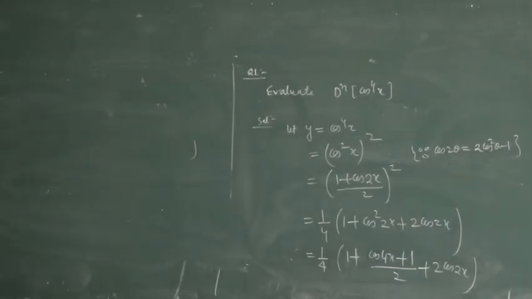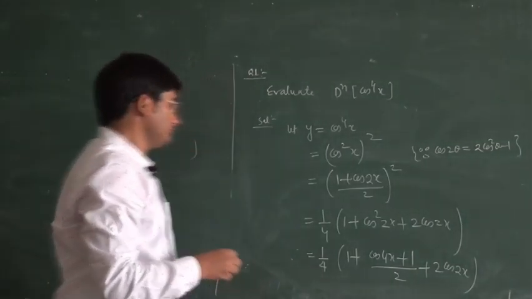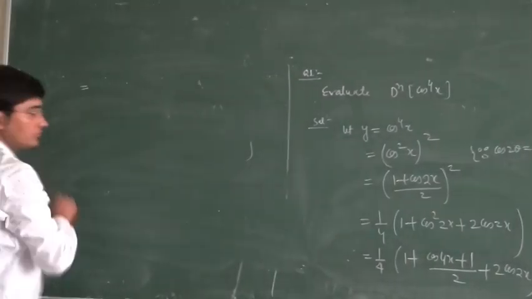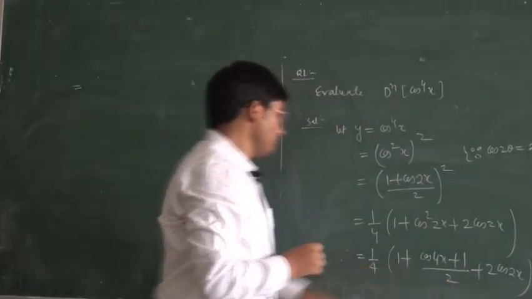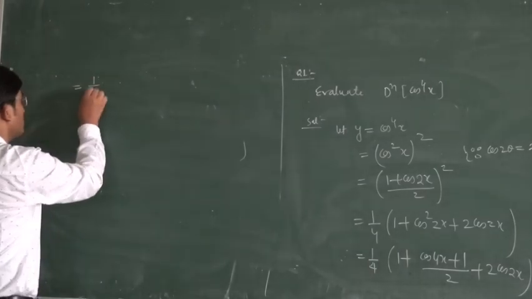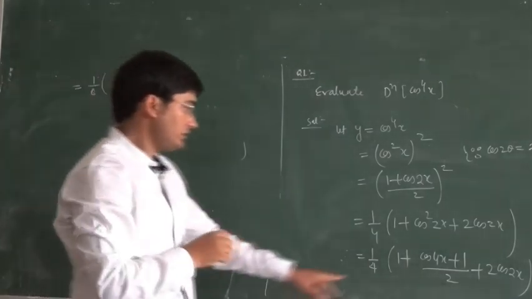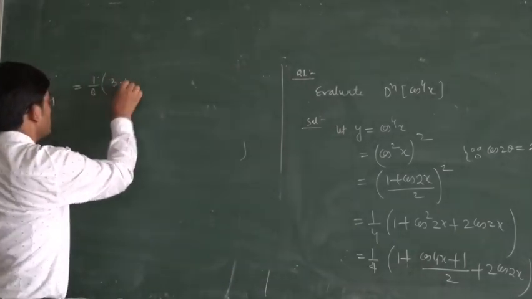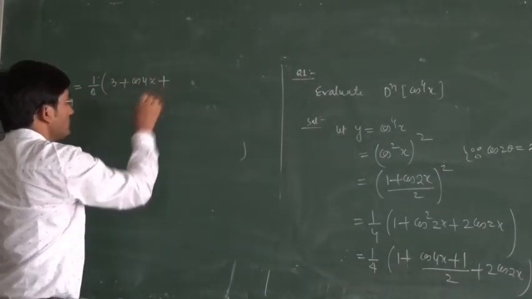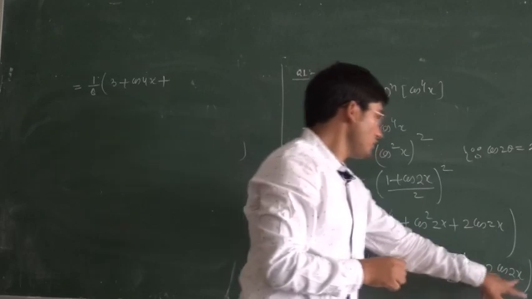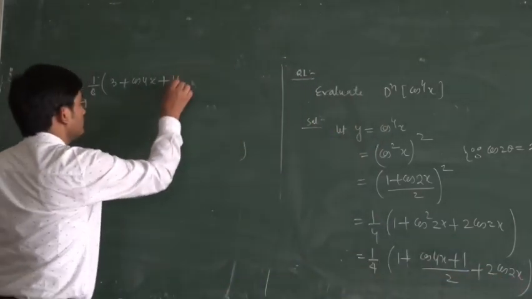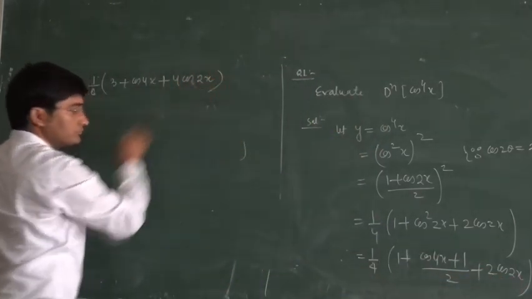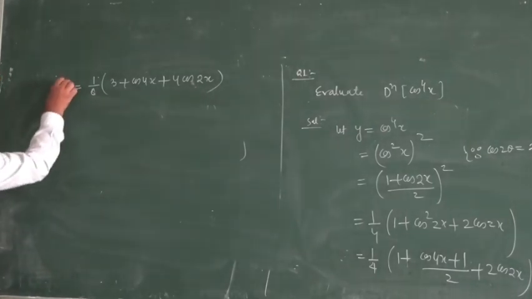So now this is equal to, if you take LCM, then we will have 1 by 8 outside. Now this is your 2 plus 1, that means we have 3 plus cos 4x plus 4 times cos 2x. Okay, this is your y.